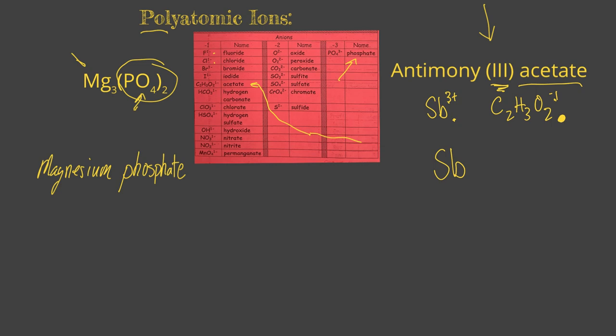Since it's a polyatomic ion, this 3 needs to be distributed through that whole ion. When we distribute through a whole ion in a chemical formula, we put it in parentheses, (C2H3O2)3. I don't change anything about that anion. I leave it as is. All I do is make sure that there are 3 of them for every 1 antimony.